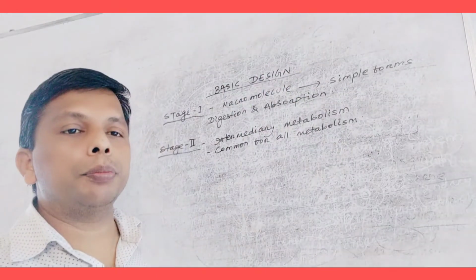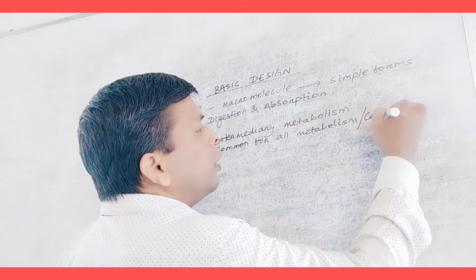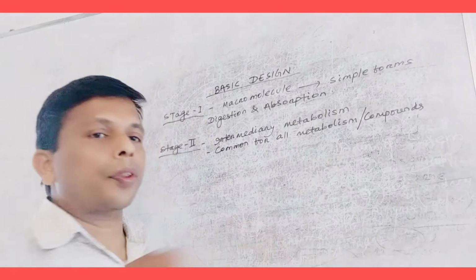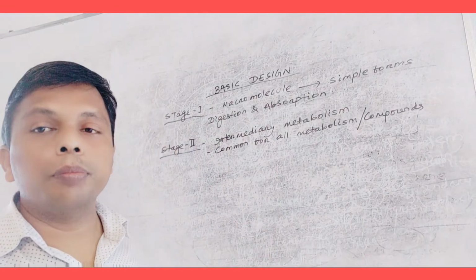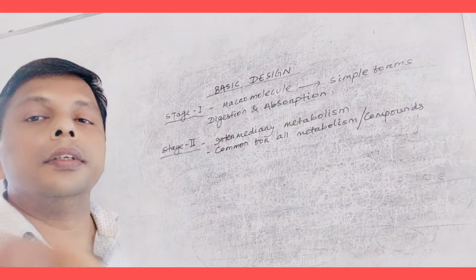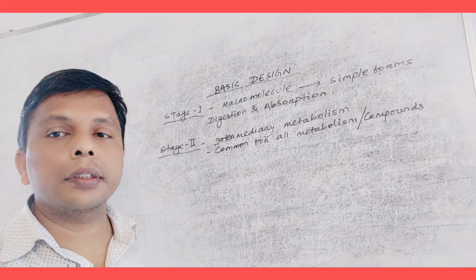All types of compounds enter this metabolism. How is it compatible? Suppose we take the example of glucose.